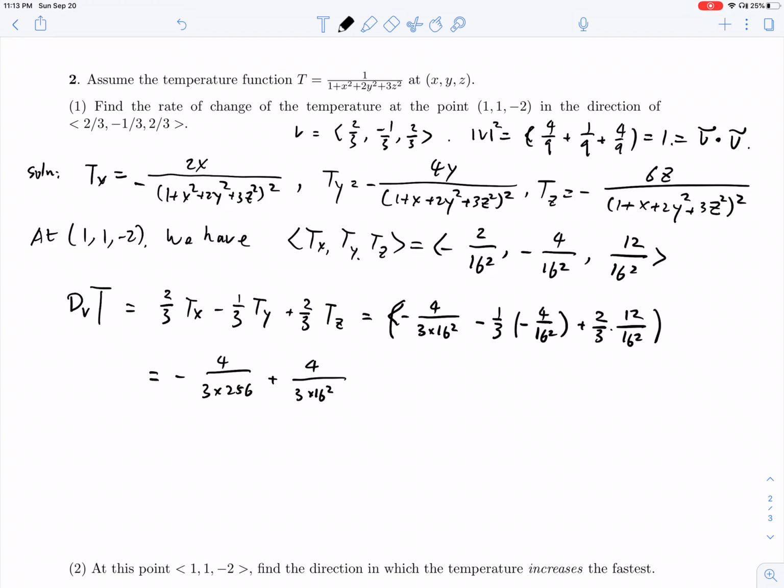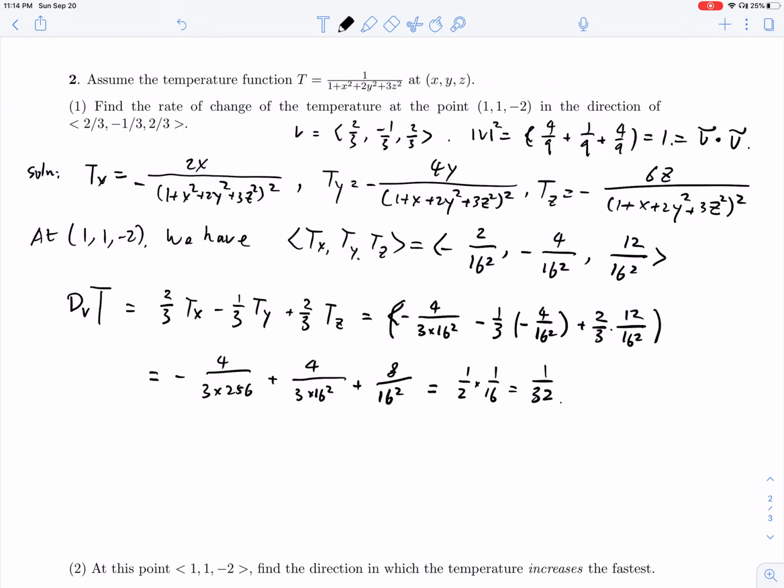Then look at the last one, and the plus, we will see this is going to be 8 over 16 squared. So that's what we have: 1/2 times 1 over 16, and it's 1/32. So that's the directional derivative. In fact, we can see the temperature is increasing because this one is positive, right? So in this direction, temperature is gradually increasing at the speed of 1/32 units per second, if we have time. Okay, so this is the directional derivative.